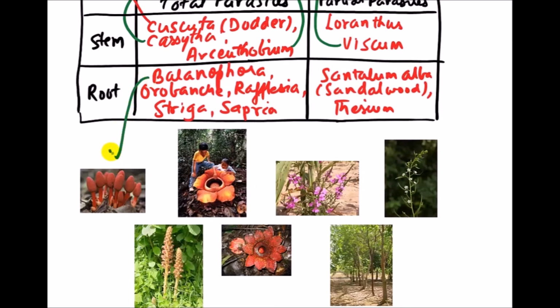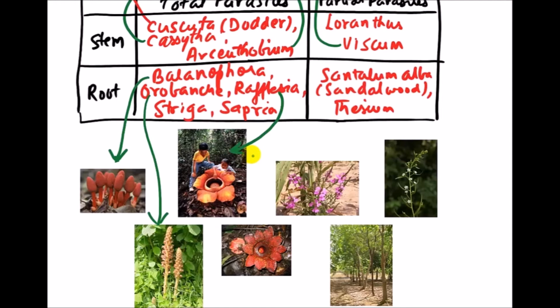This is Balanophora. This one is Orobanche. This one is Rafflesia. Rafflesia is the largest flower, Rafflesia arnoldii. It weighs around 11 kg and is found in Indonesia, Malaysia, Burma and the Philippines. No stem, leaves or true roots are visible or present, but haustoria are there, which are embedded in the host tissue vines.